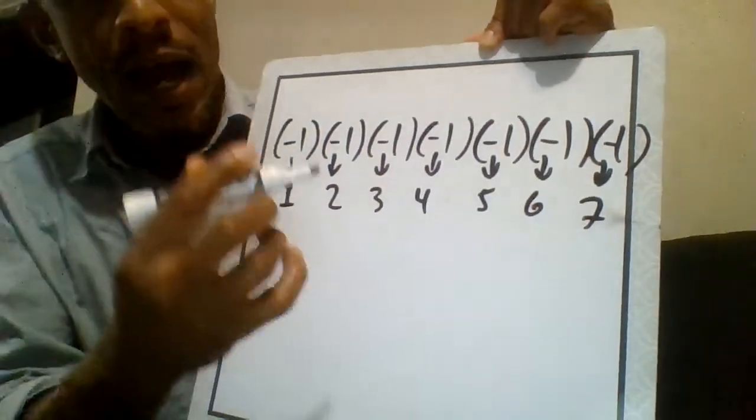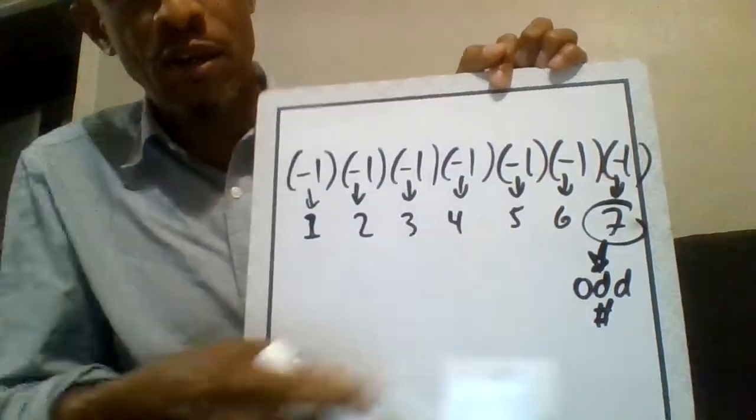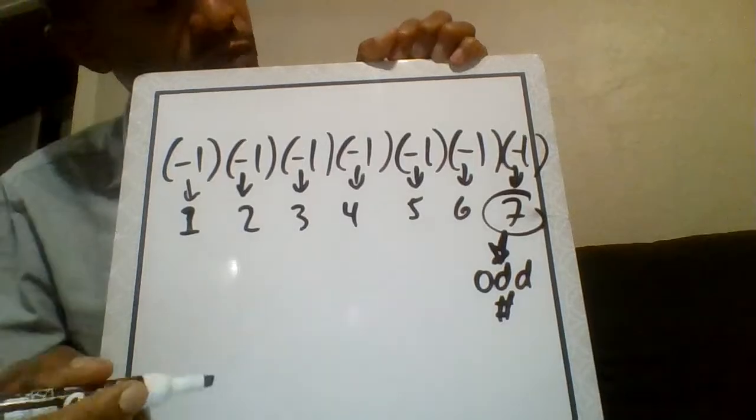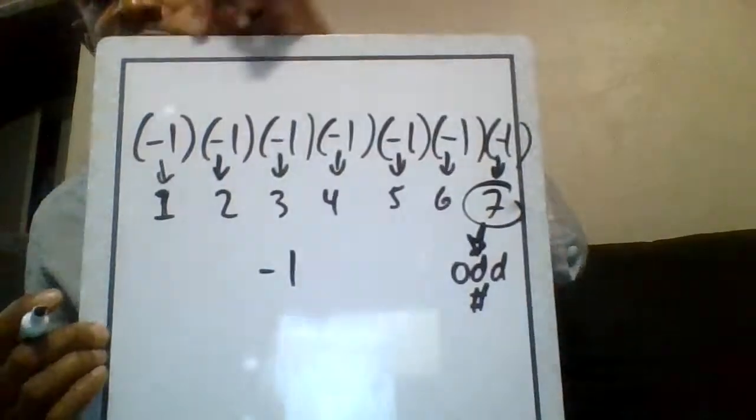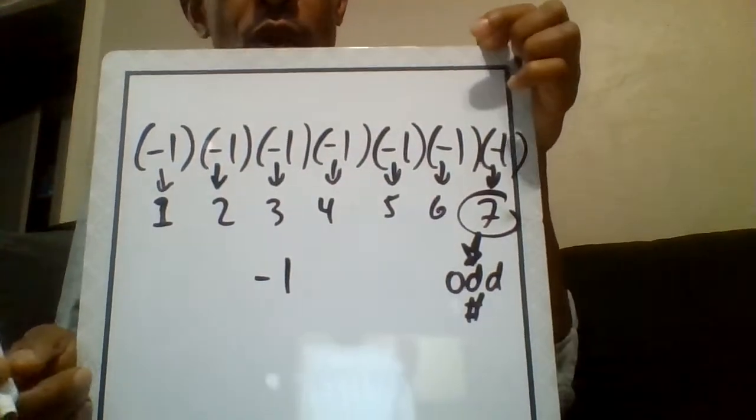I have an odd amount of negative signs, so once again the answer is going to be negative. And obviously 1 times 1 times 1, so our answer is negative 1.